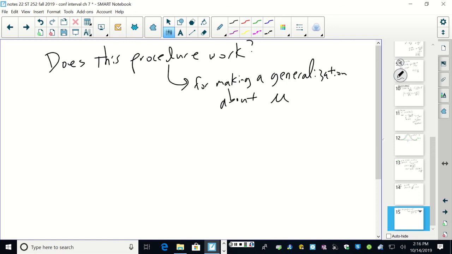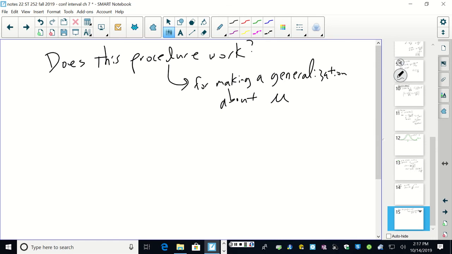What do I mean by work? Is it justified? How would you know if it's justified? Certainly our data are not always going to be normal, but we don't need total normality. We have the central limit theorem, so we need a reasonable sample size. But how do you know you have a reasonable sample size? You might bootstrap it to see if the sampling distribution looks normal.